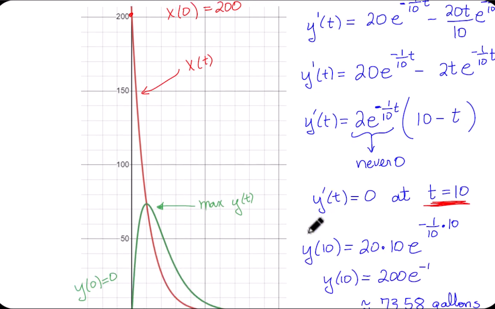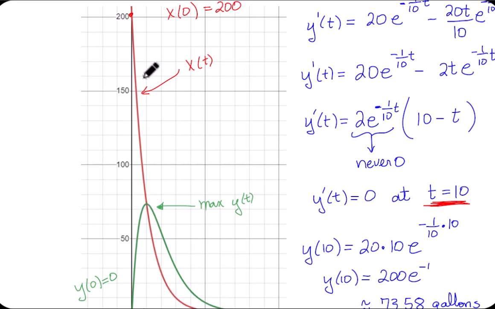All right, so if I look at a graph of all this, let's see if I can get my whole graph on there, almost. So x of t was the amount of ethanol in tank 1. It starts off at 200 and is decreasing. The amount of ethanol in tank 2 is growing because more ethanol is coming in.